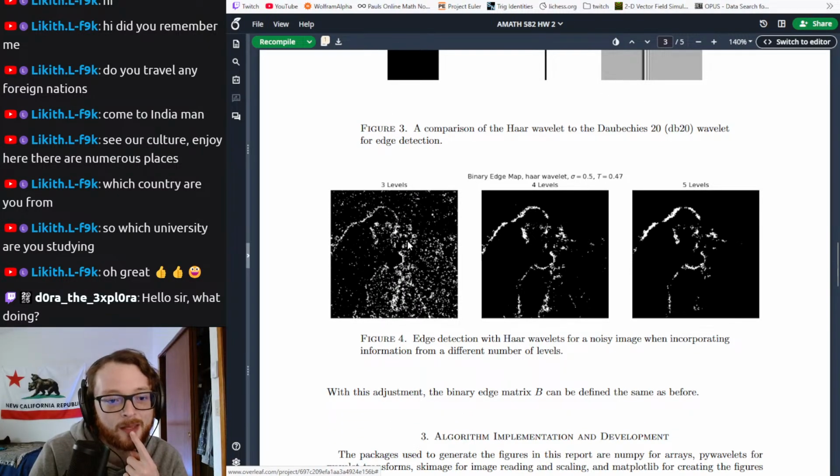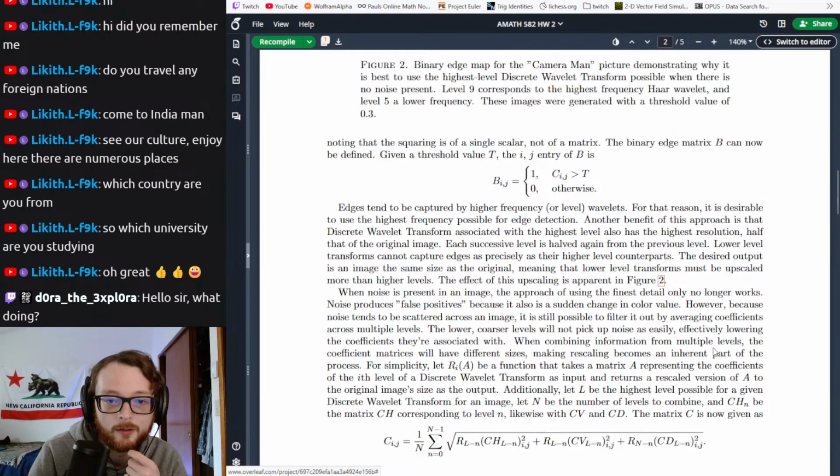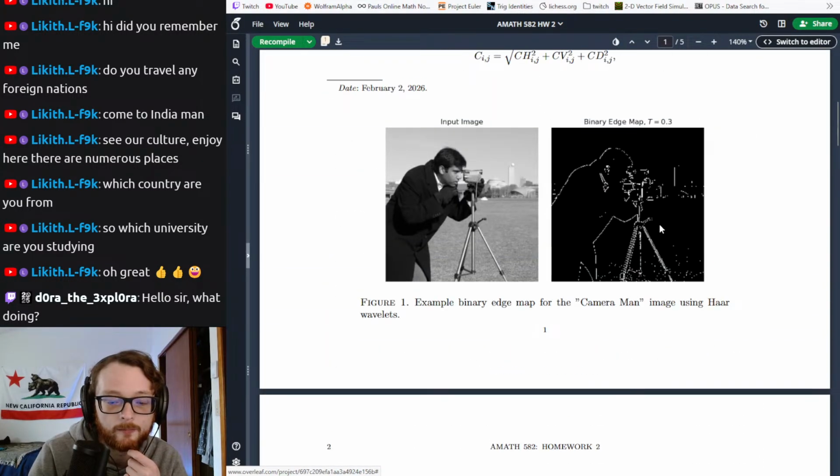Maybe I should add in the input image for the noisy one here. This is a similar algorithm, but applied to a noisy image, and so the outline is still kind of there, but it's a little bit blurrier compared to this one up here.